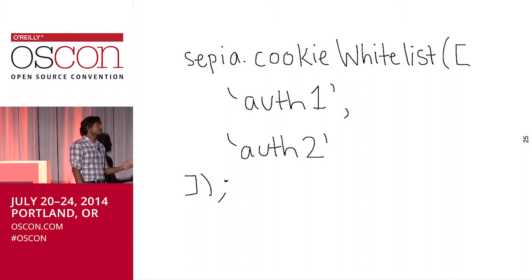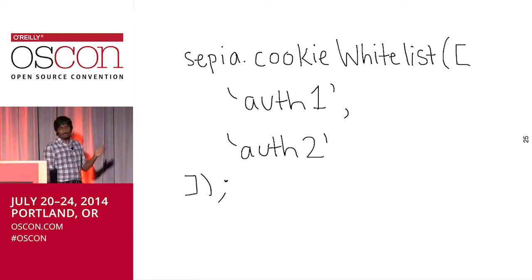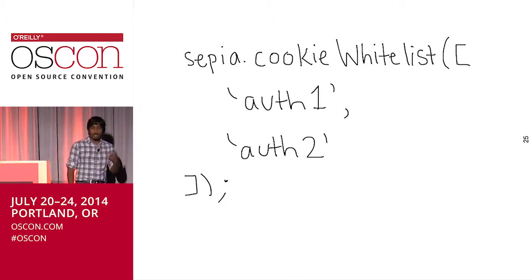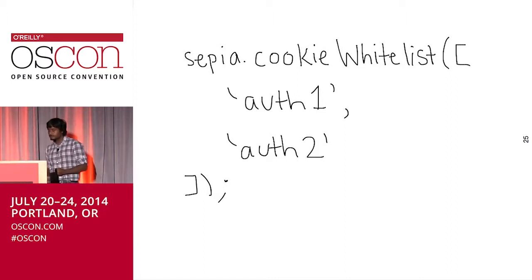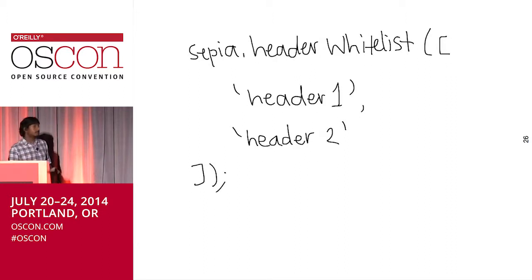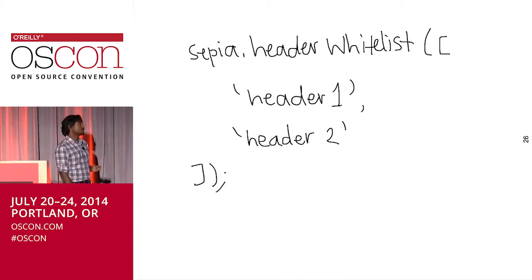And again, you're just telling Sepia, hey, I care about these cookies. Take their names, use them when resolving the file name. The same thing applies to the header. So if you have one header, or you don't have that header, it will affect what file name gets resolved.